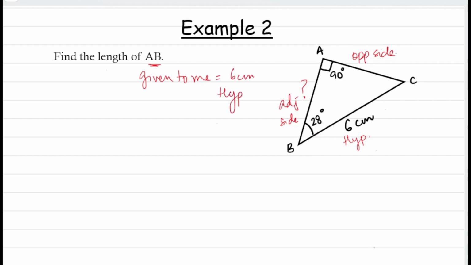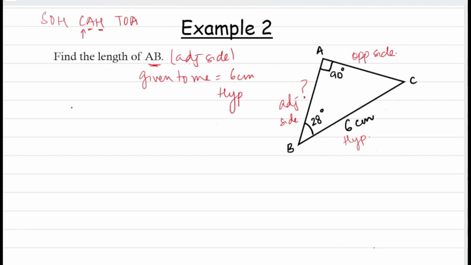Now, which ratio connects this adjacent side to the hypotenuse? So always write SOH CAH TOA on the top so as not to forget the ratio. I want the adjacent side and the hypotenuse is given. So my ratio which connects adjacent side to hypotenuse is cos. So I am going to use the cos ratio. Okay.